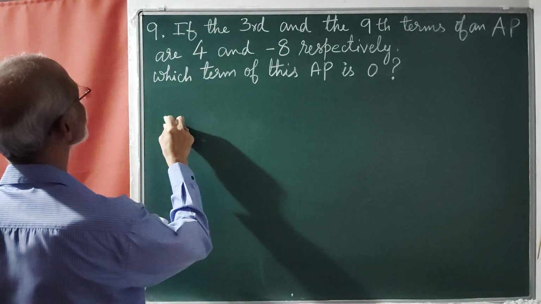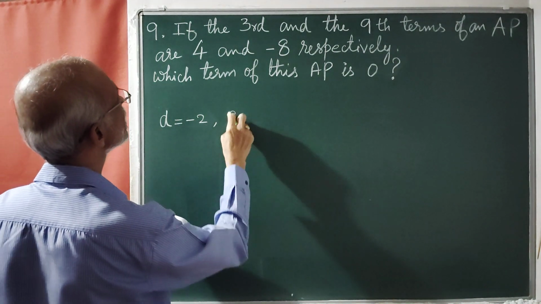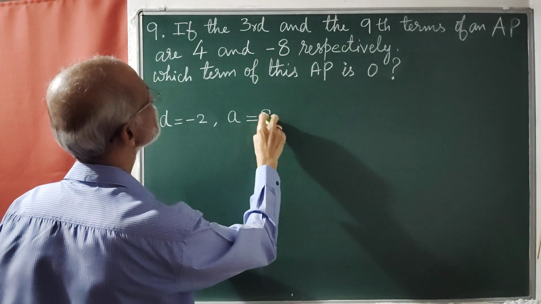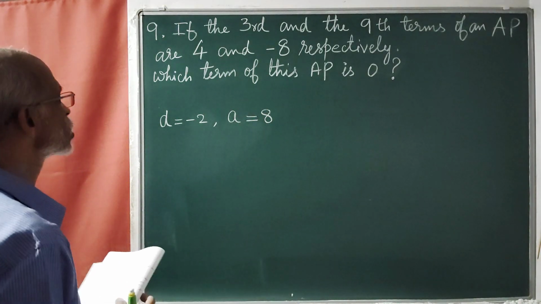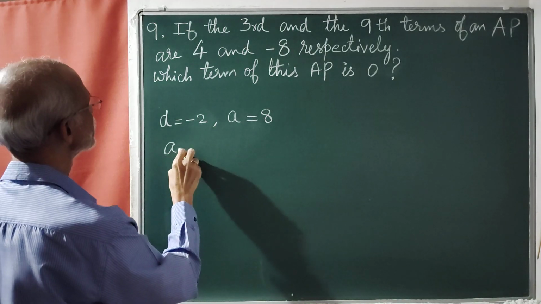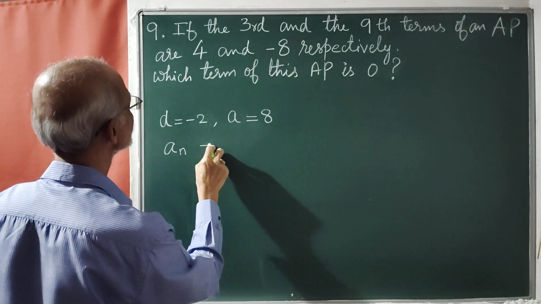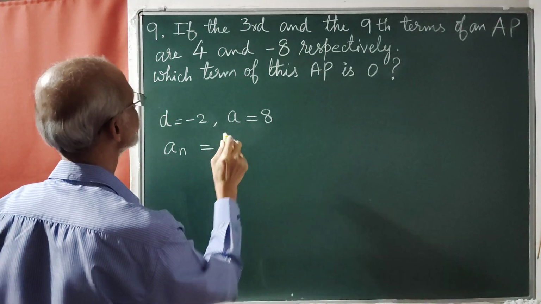Now the value of D was minus 2 and A was 8. Now An is equal to 0.